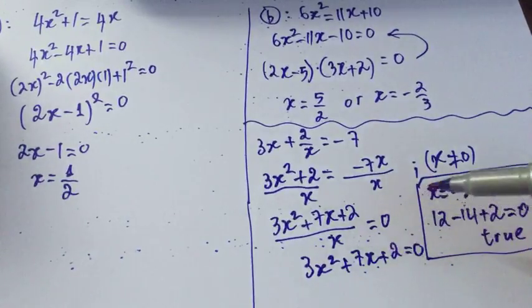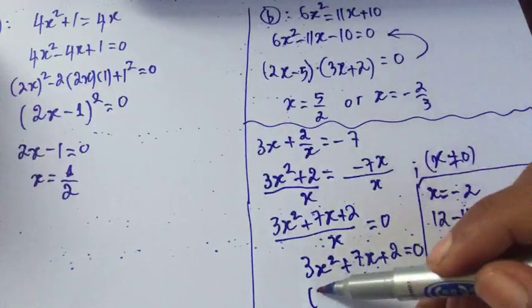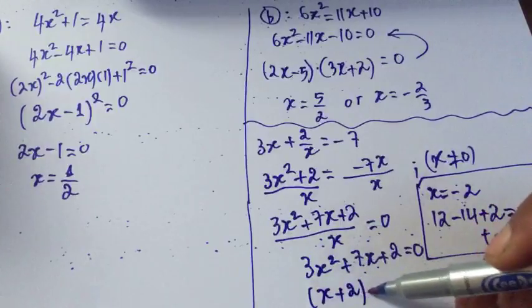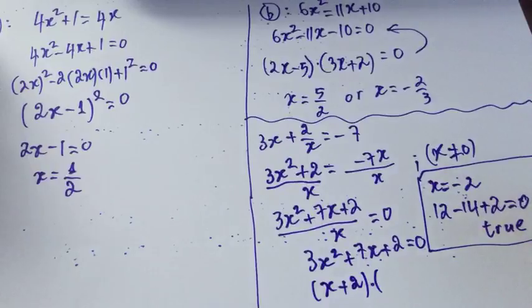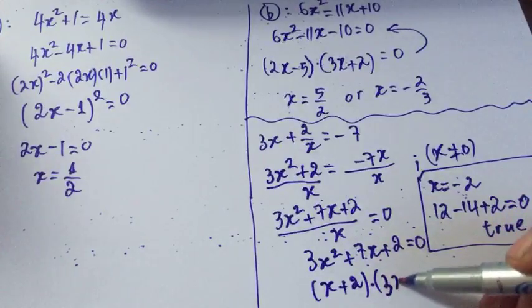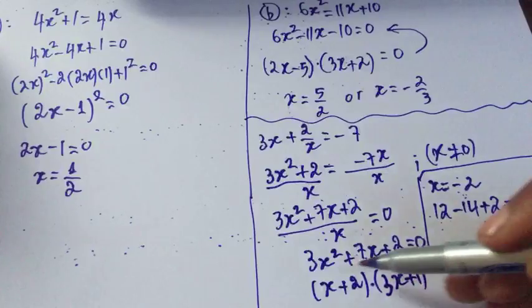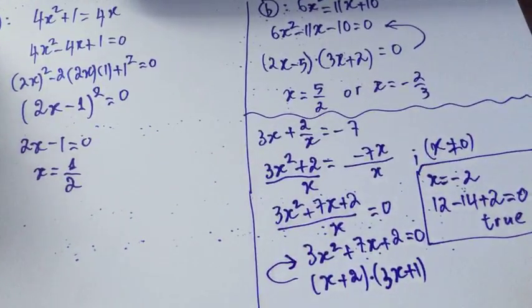And then here we factorize it to find x plus 2. It is (x plus 2)(3x plus 1), which equals this one. You can test it.